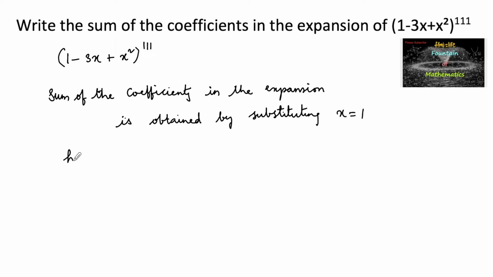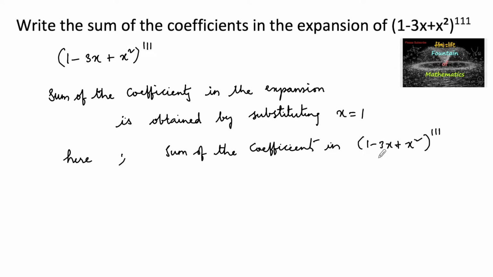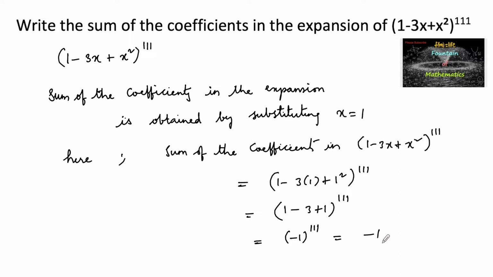So here the sum of the coefficients in (1 − 3x + x²)^111 can be considered to be (1 − 3 into 1 + 1²)^111, that is (1 − 3 + 1)^111, that is 1 plus 1, 2, 2 minus 3 is negative 1, to the power of 111, which is equal to minus 1.